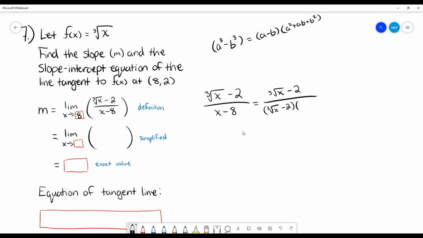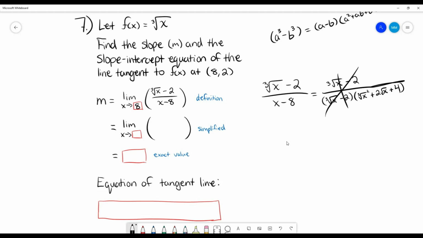It's going to be the cube root of x squared, which is pretty ugly, I know, plus 2 times the cube root of x plus 4, because it's the cube root of 8 squared. And then these cancel out, and we're just left with, obviously, a 1 over this bit here. So we'll plug that in over here.